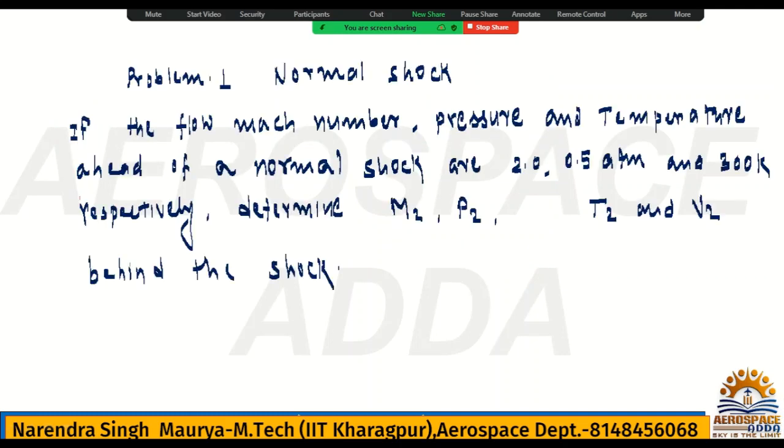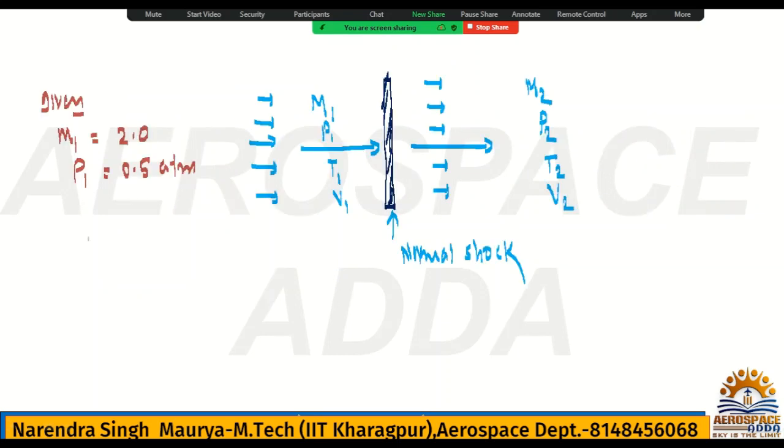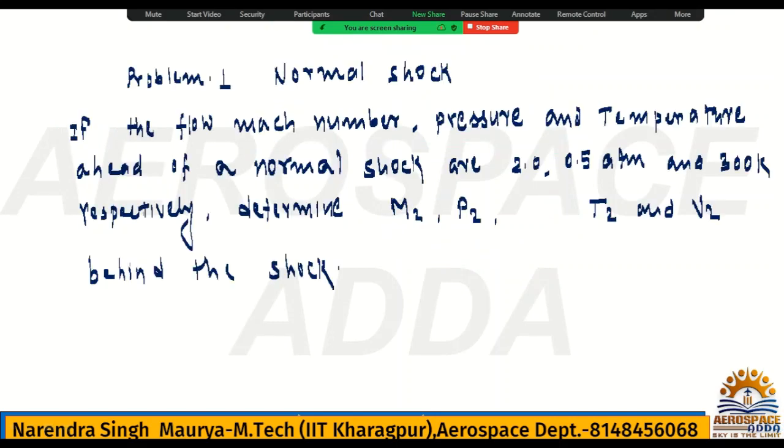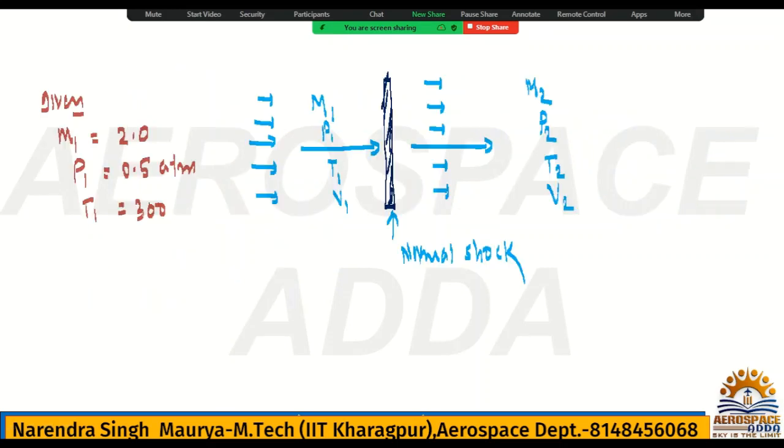Next it is 300 Kelvin, which is nothing but temperature T1. It is not mentioned, but you can assume the fluid is air, because gamma is required. If they have not mentioned gamma value or any data, then you can consider it is air. For air, gamma will be 1.4. This is the assumed value.